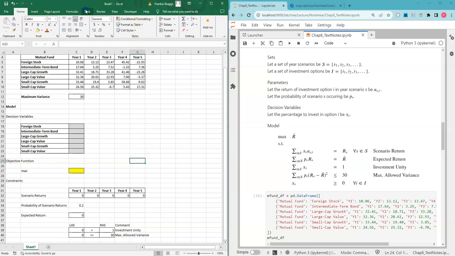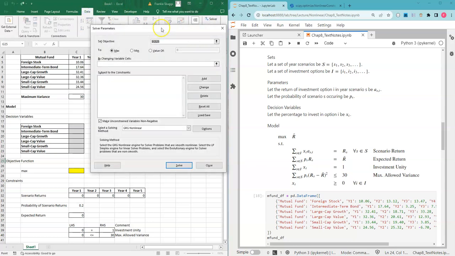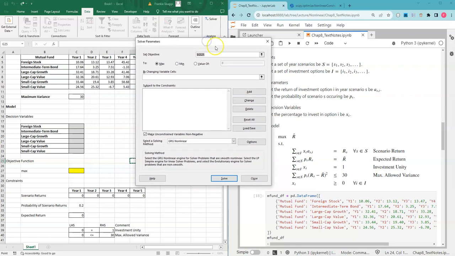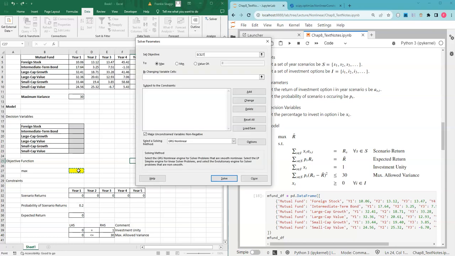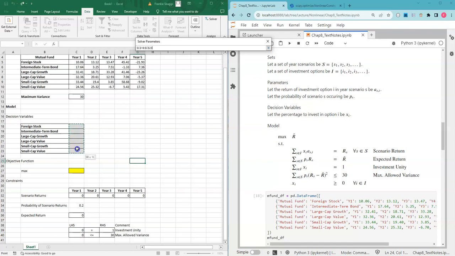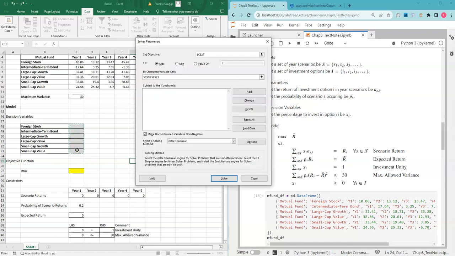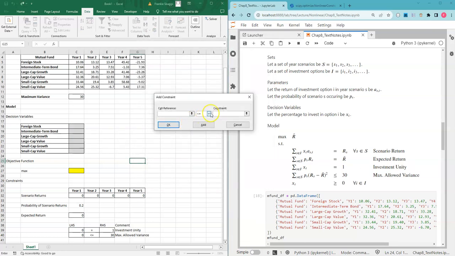And so now we go to the Developer tab and the Solver. We've seen this before. We've got to set the objective here. We are wanting to maximize it, so that's good. We want to change the cells here. And that is fine. And then we need to add some constraints.